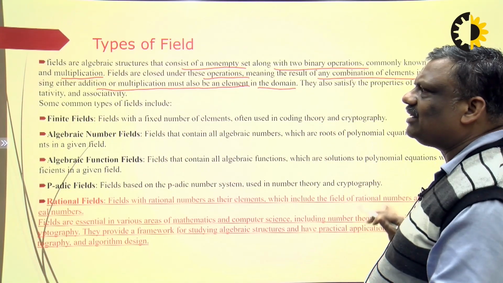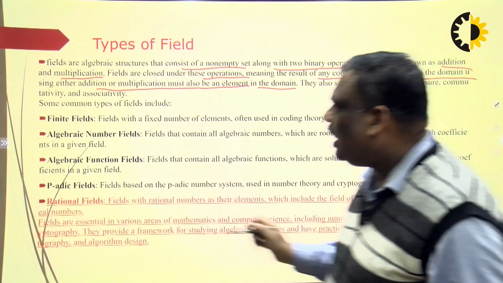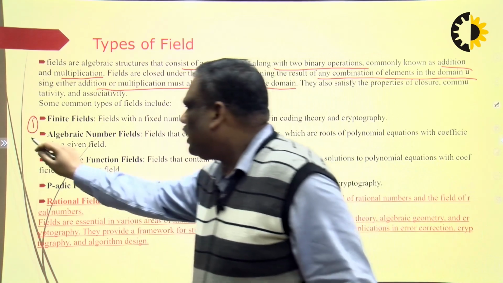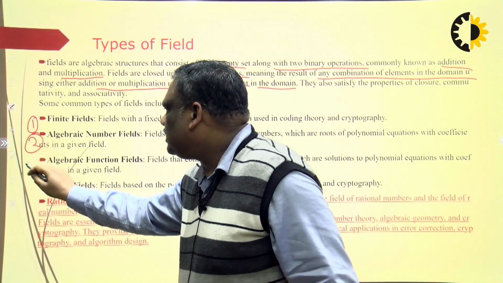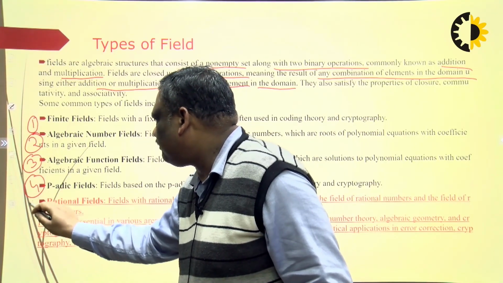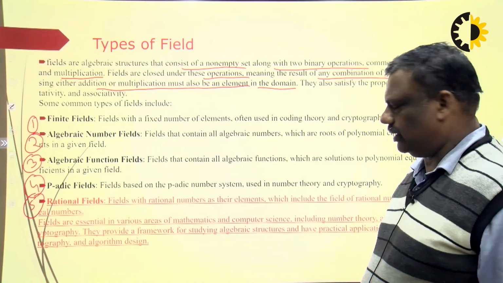So if they satisfy these properties, they hold the field. And the types of field are finite field, algebraic number field, algebraic function field, p-adic field, and then fifth is rational field. So one by one we can elaborate on it.